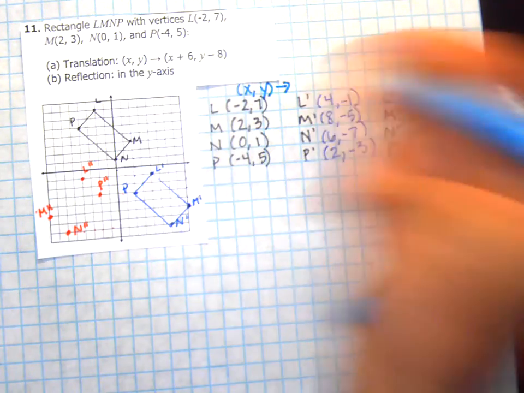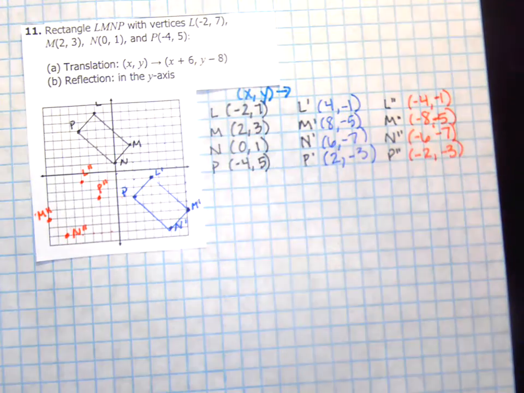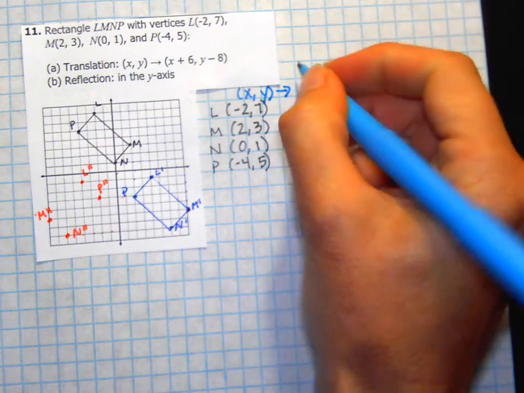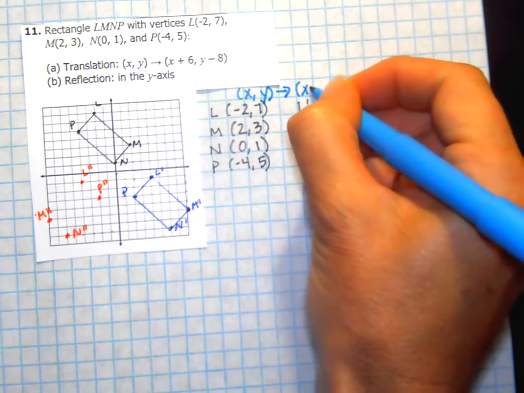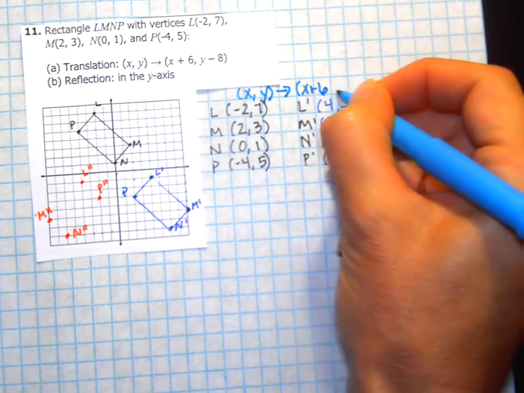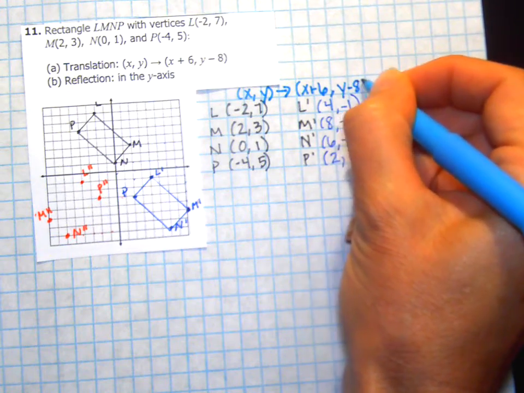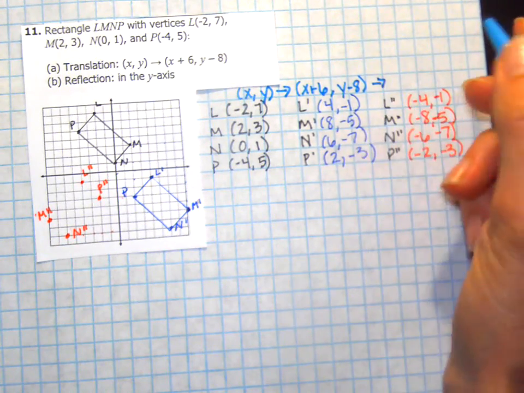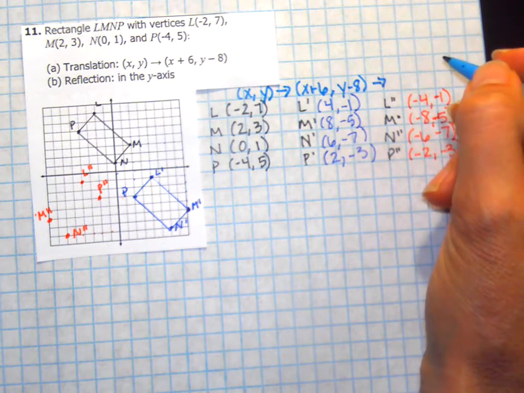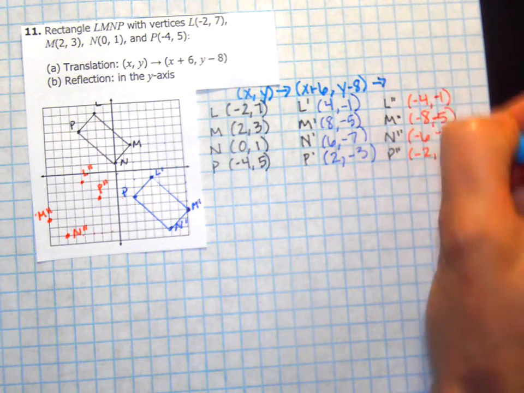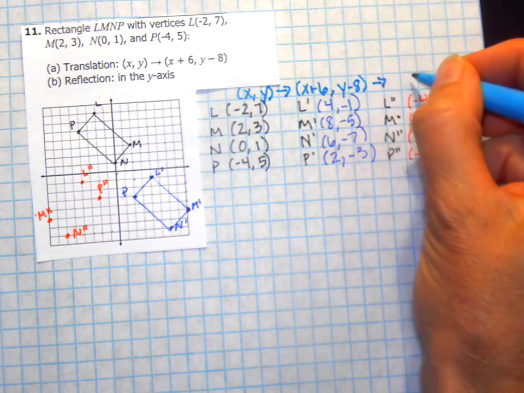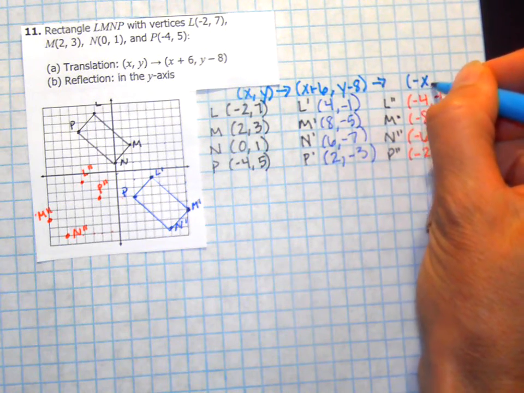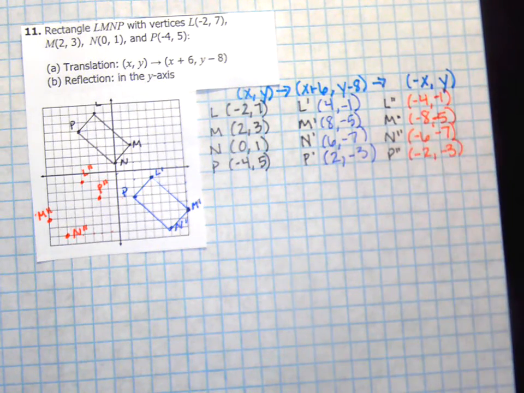And then I transformed them into an image that had the rule to the right 6, down 8. And then from there, I reflected over the y-axis. That meant my y's stayed the same and my x's were the opposite. So opposite of x, y.